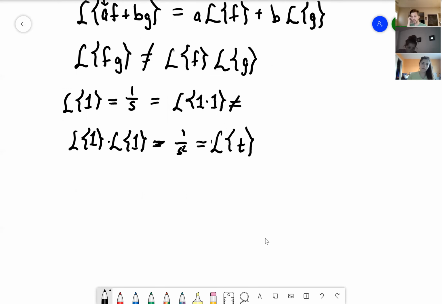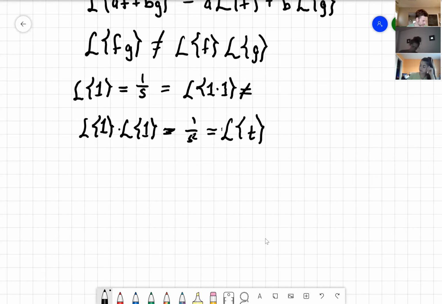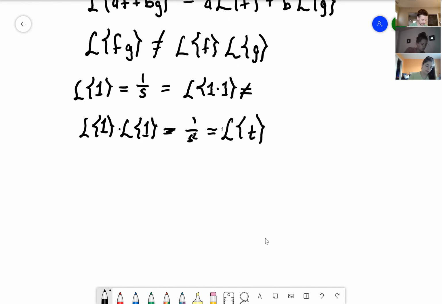So this multiplication does not work out in general, but this kind of operation that I've written here as an arrow, which we'll make more precise in just a second, does work. And so that's what we're going to talk about today.